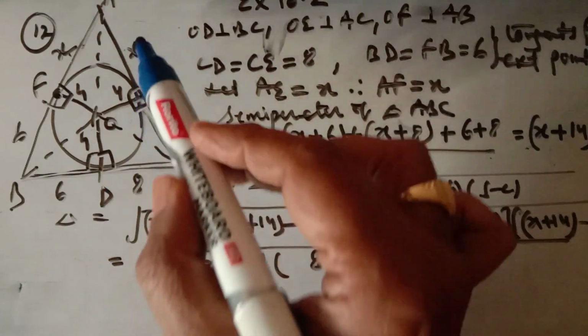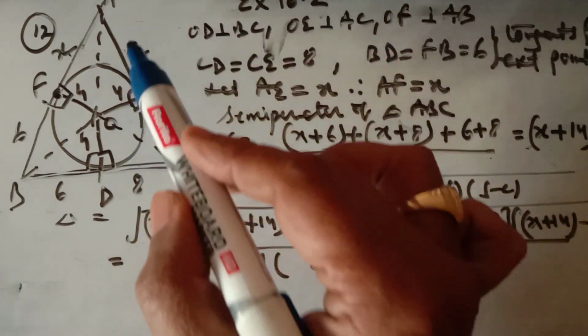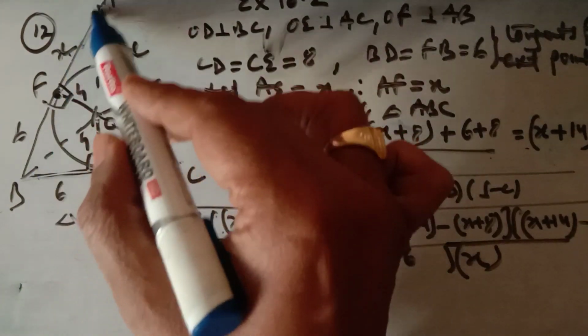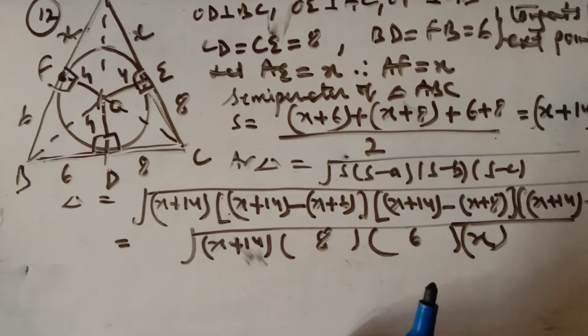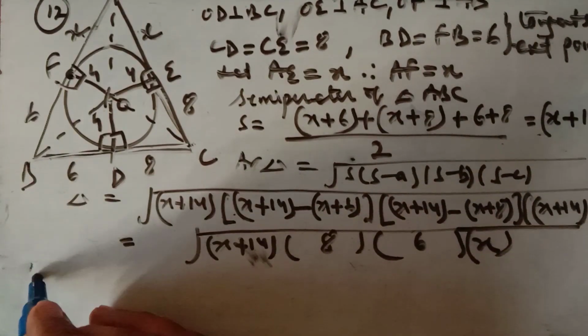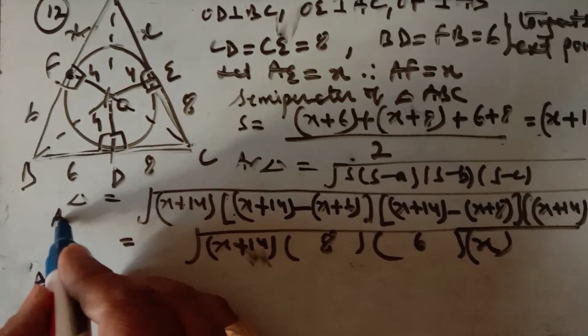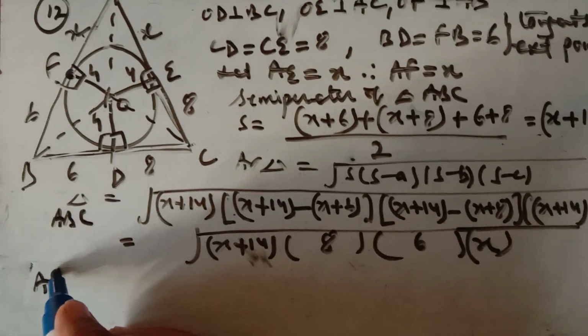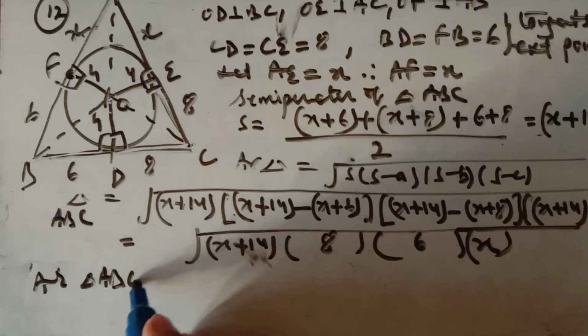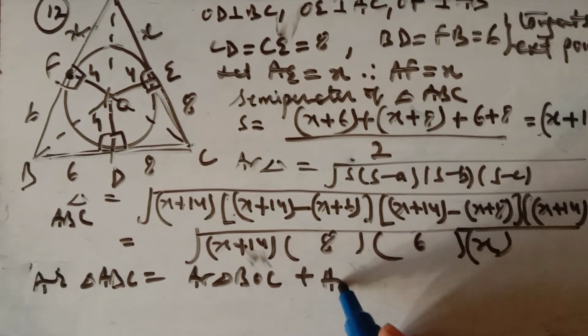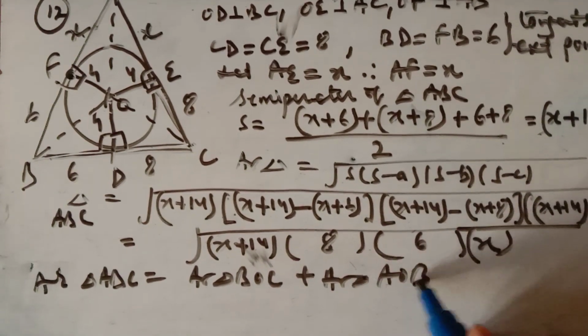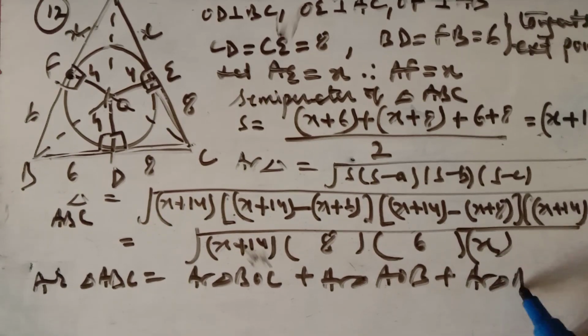AOC का area half x plus 8 into 4, and AOB का area half x plus 6 into OF. Area of triangle is equal to half base into height. So area of triangle ABC will be area of triangle BOC plus area of triangle AOB plus area of triangle AOC.